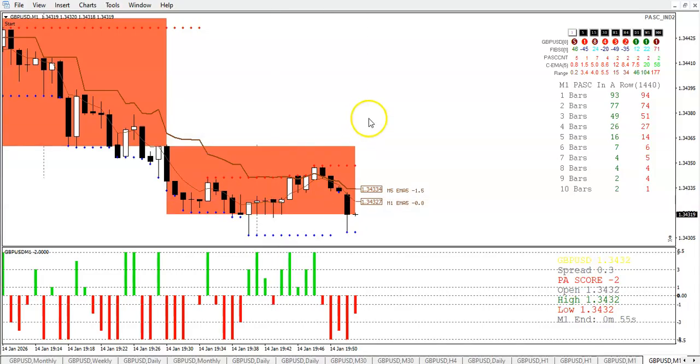So this is 5 in a row. Notice indicator M1 is still below the M5. And we can just sit and wait.